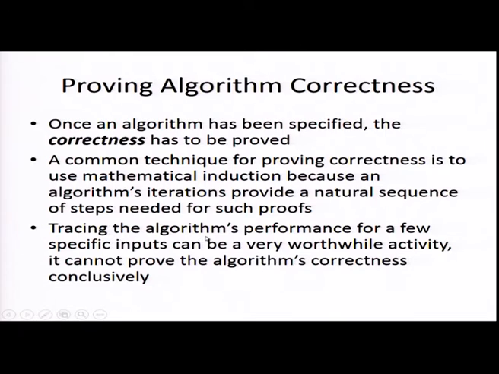Tracing the algorithm's performance for a few specific inputs can be a very worthwhile activity. It cannot prove the algorithm's correctness conclusively, that is, you can prove the working of the algorithm only to an extent, but as a conclusion you cannot say this is the best algorithm to solve this particular problem.